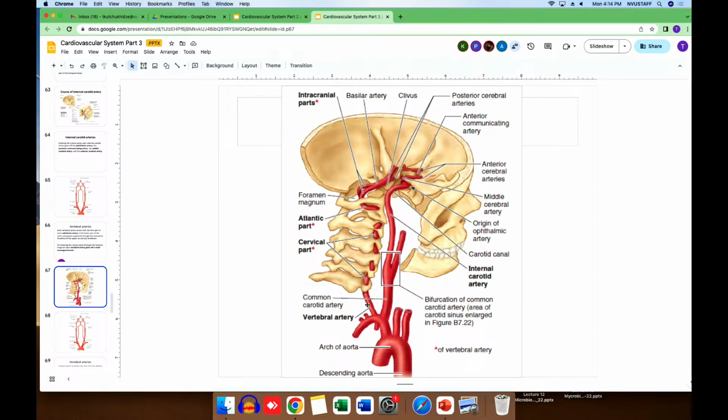They are stacked on each other. And we see here how the atlantic part of the vertebral artery went into the foramen magnum, and it became our intracranial part, right?